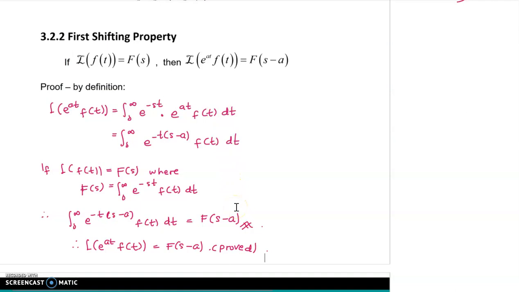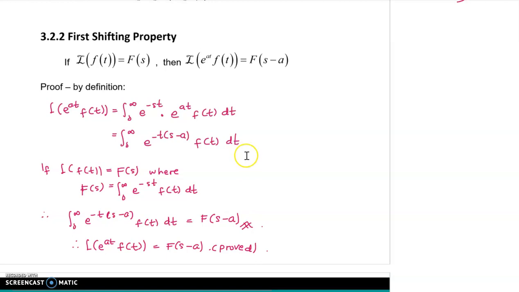You can pause this video a bit and go through this proof. I hope this is clear to you guys. This is just for your information: every Laplace transform can be proved by using the definition, as in the first part of this chapter, in your previous video.